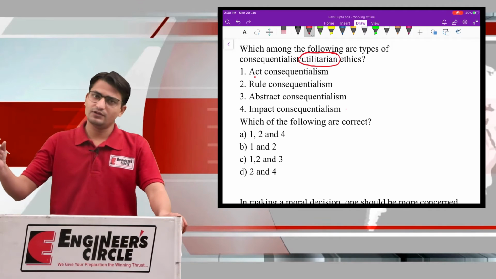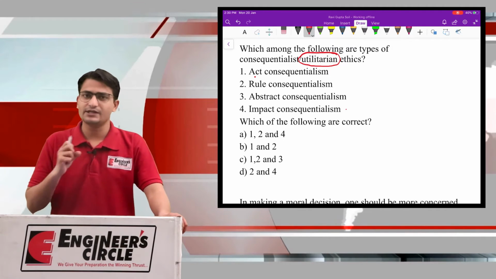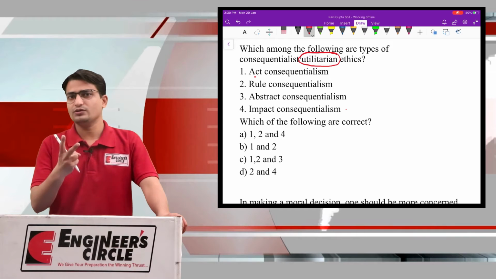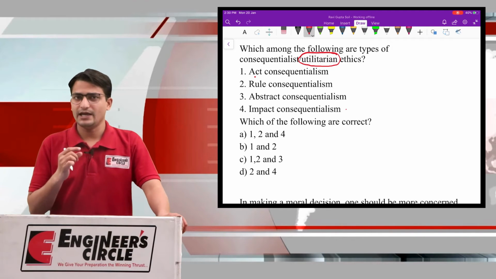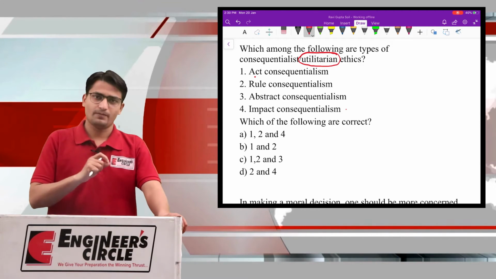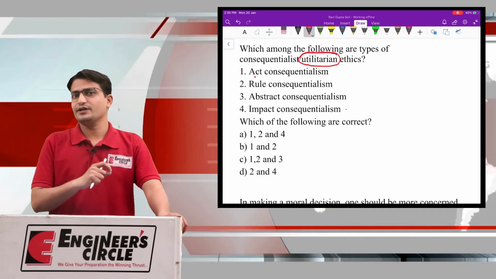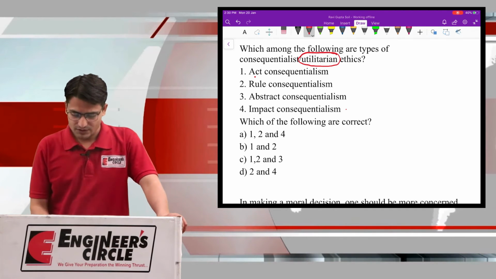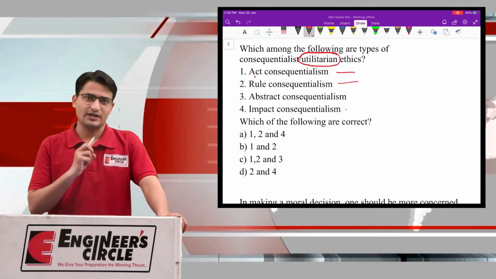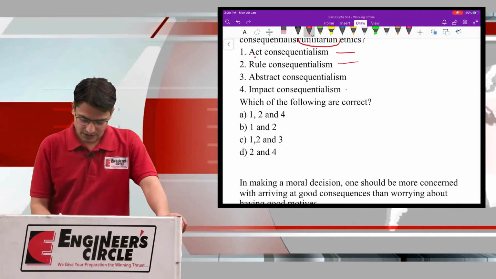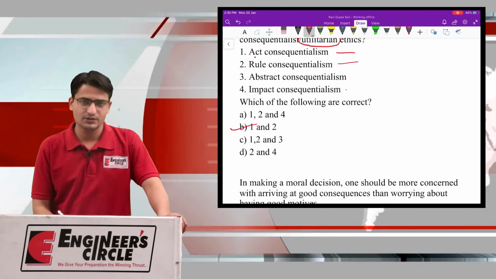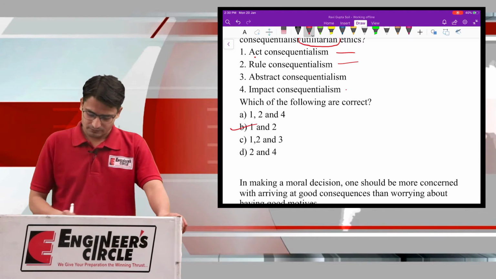Now when we have studied utilitarianism, there were mainly two types of utilitarianism, act and rule. Act refers to the short term consequences and rule relates to long term consequences. So act and rule will be the final answers. So it implies 1 and 2. Therefore B will be the correct option.